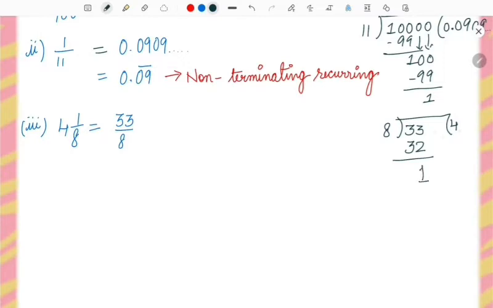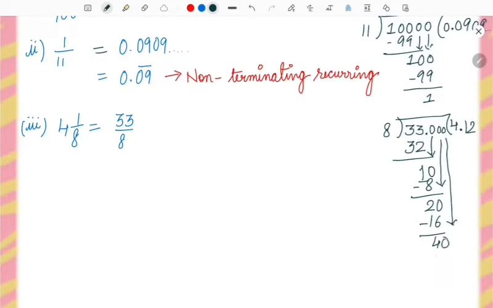Then because we do not have anything, we are going to put a decimal here and here as well. 0 goes down. 8 1s is 8. The remainder would be 2. Then again we need another 0. This is 20. 8 2s is 16. The remainder would be 4. One more 0.